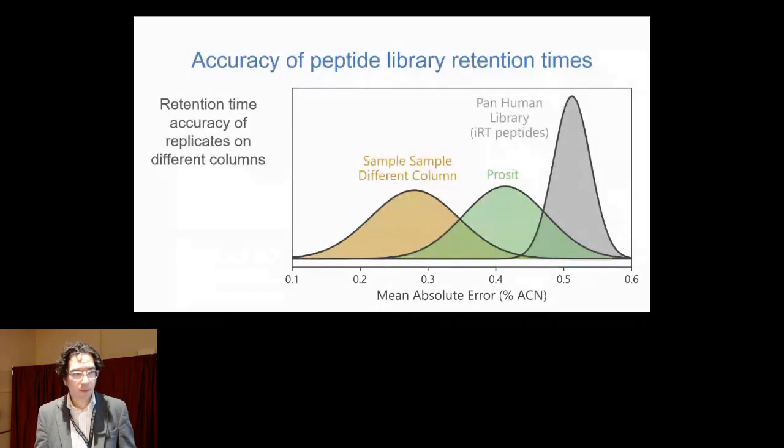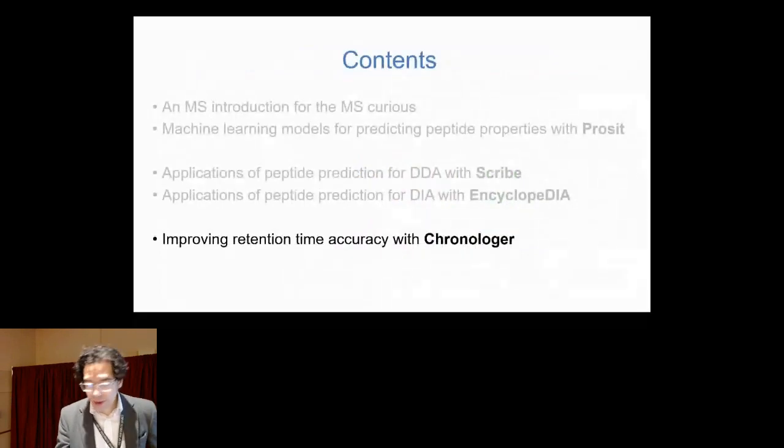But if we measure the same sample using a different column, we get even better retention time accuracy. The difference between the Prosit predictions and this same sample on a different column indicates the range of where we can optimize, the amount of headroom we can get on top of these peptides.